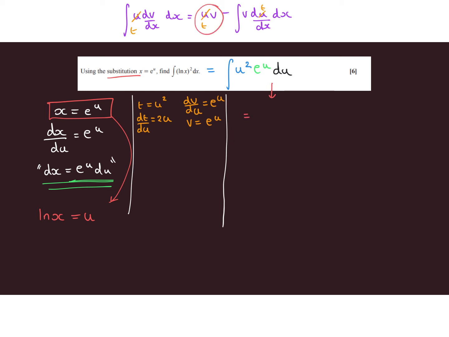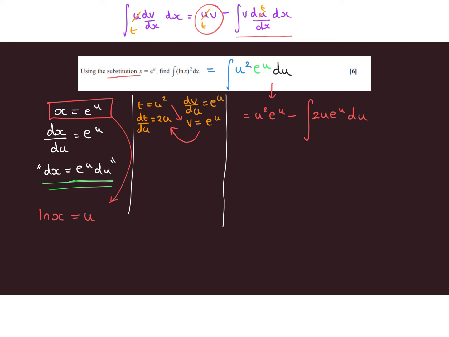Now the first thing is the product of t and v. So that of course is u squared e to the u. Then we subtract from that the integral of v times dt by du. So that's going to be 2u e to the u du.